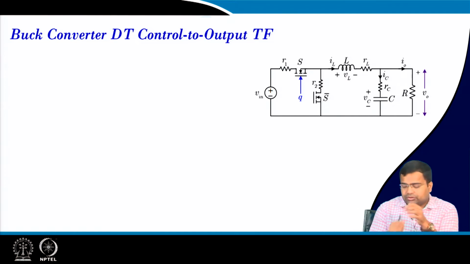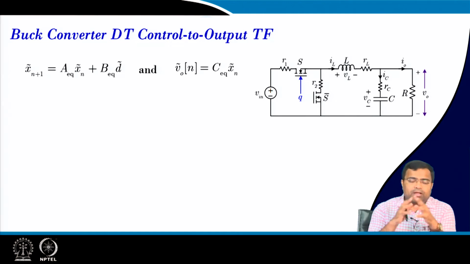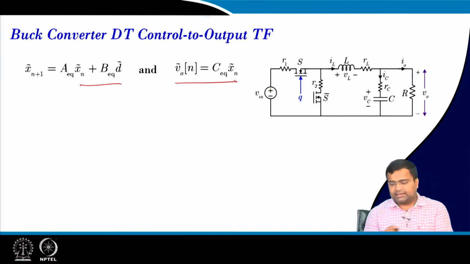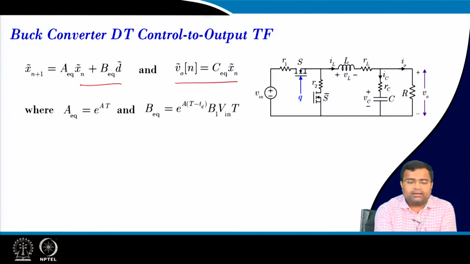Now, the buck converter discrete time control to output transfer function, that also we have discussed, where we have obtained that x(n+1) tilde is equal to A equivalent times xn tilde plus B equivalent times d tilde, and the output voltage is C equivalent times xn tilde. For a buck converter, if we take the low side and the high side MOSFET RDS identical, then their on and off matrices are identical.